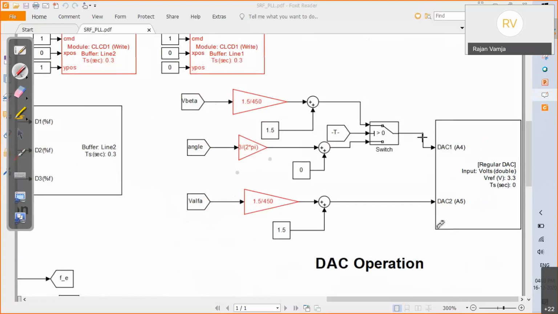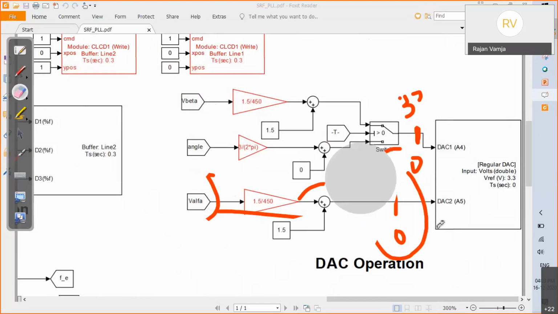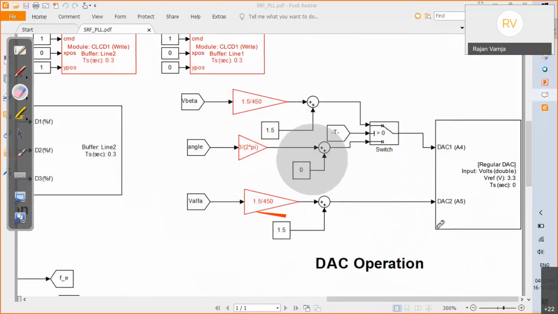So we are converting that value to 0 to 3. It can give output in terms of 0 to 3. So we have arranged this to get this value. So this was the alternative value.